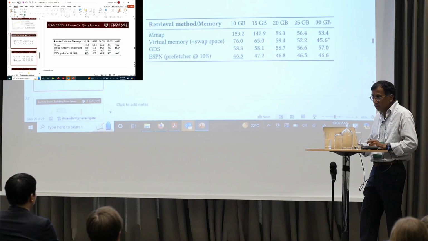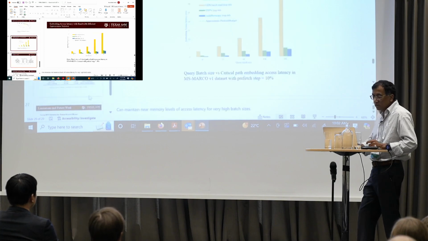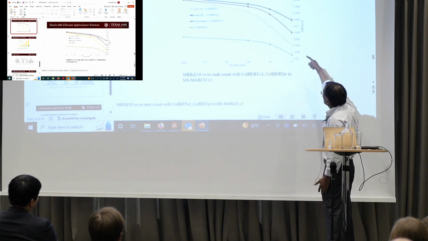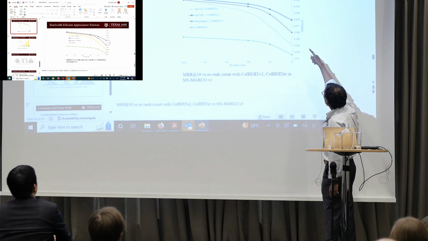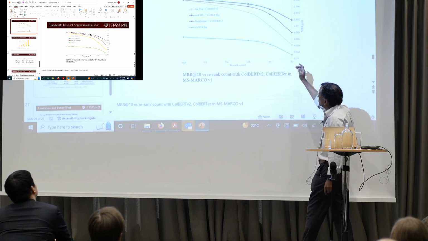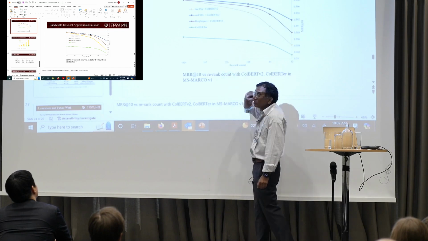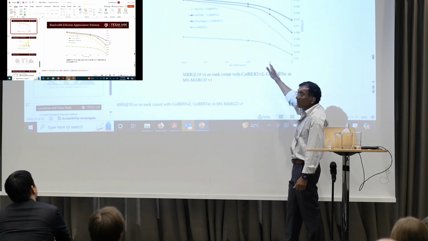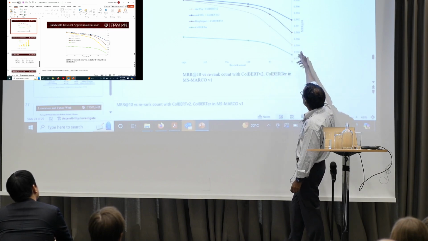Okay, so we have also looked at potentially sacrificing the accuracy in order to make things faster, and you see the loss in performance you could incur. So if you re-rank 256 documents, you're not going to lose any accuracy, but potentially what you could do is reduce the number of documents you want to re-rank, and if you reduce it to, let's say, 64, you are going to lose some accuracy.